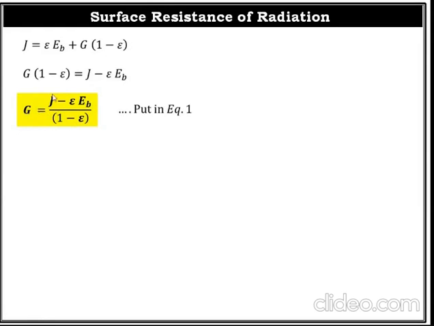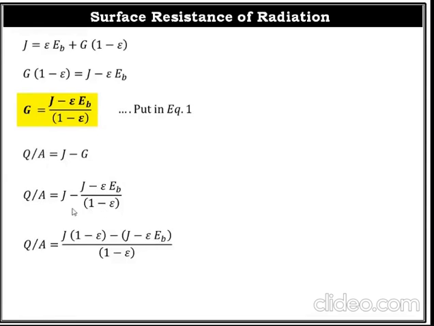Now we are going to put this value of G, that is irradiation, in our main equation 1. At the beginning we noted it as equation 1. So equation 1 is Q by A is J minus G. Here we are going to replace irradiation G in terms of the others. So this is our final form. Rearrange this. So we are taking LCM 1 minus emissivity, then cross multiplication.